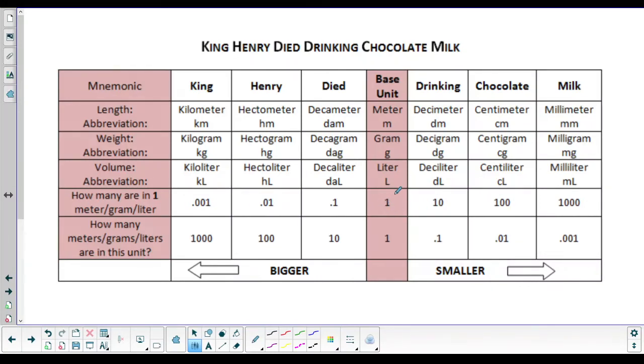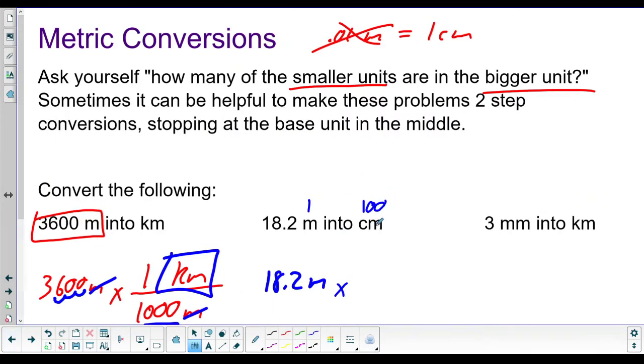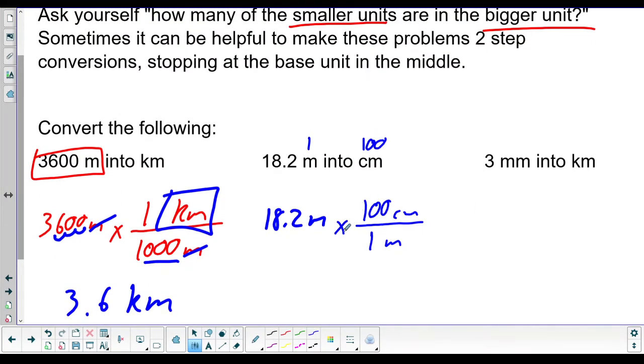But we can see here how many are in 1 meter. There are 100 centis in 1 base unit. So there's 100 centimeters in 1 meter. So we're going to multiply. We've got 1 meter on the bottom, so the meters cancel, and there are 100 centimeters in that. This time, because the 100 is on top, we're multiplying.